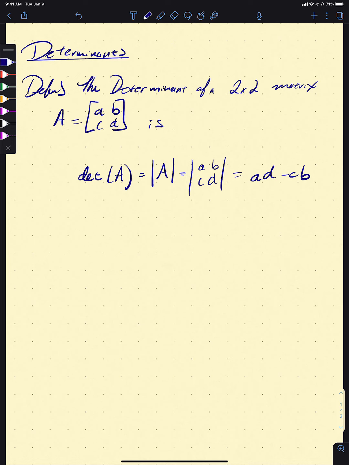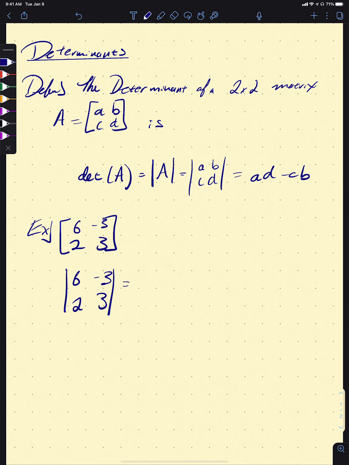Okay. So we can do an example of this. Let's consider the following matrix. We'll go 6, -3, 2, and 3. Let's take the determinant of this guy.